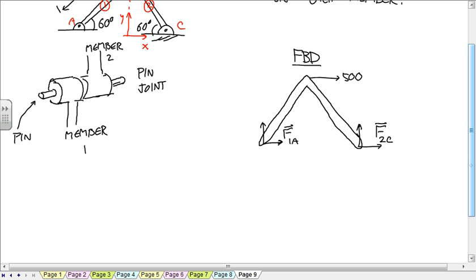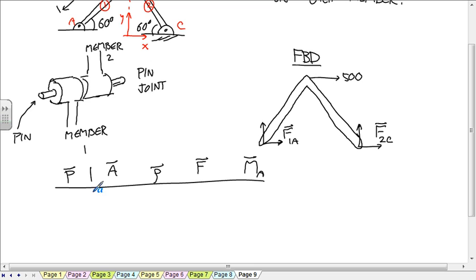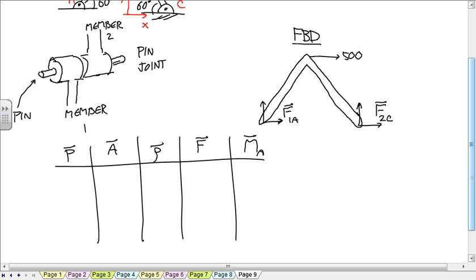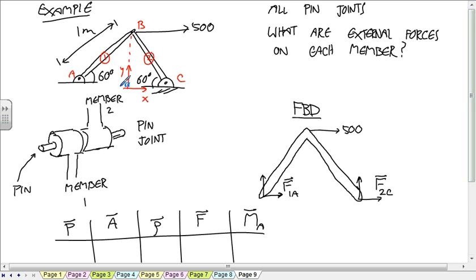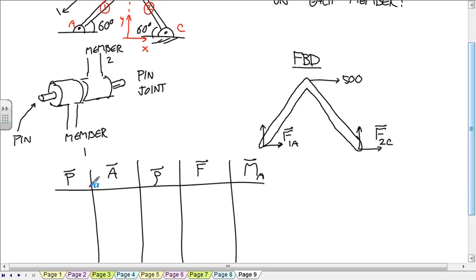Okay, so let's set up the table. So first, the force 1A, that's acting at, in this coordinate system, negative 0.5, 0. The about point, let's just make the origin the about point for all of these.